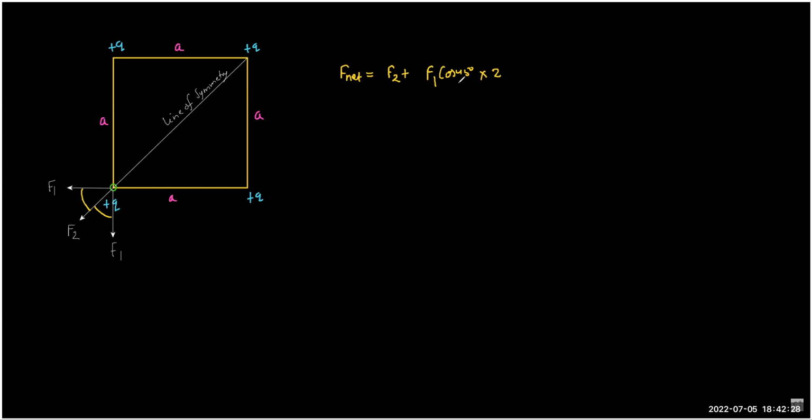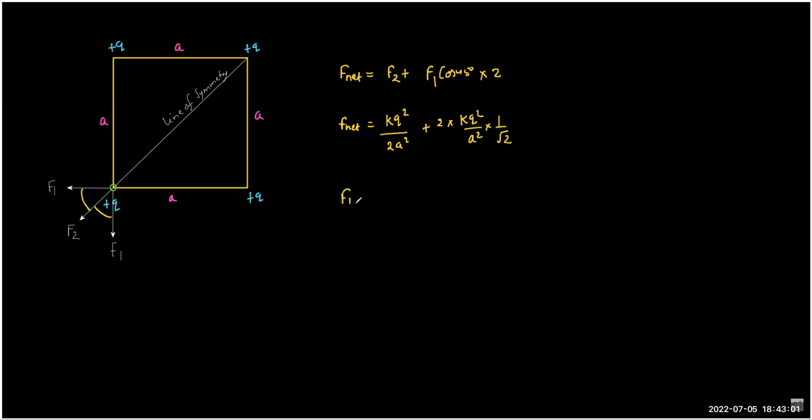Now we have resolved all the forces along the line of symmetry. So this is the net force. No need to solve further. Now you can substitute the value. What is F2, by the way? KQ square upon 2a square. Very good. And what is F1? KQ square by a square.